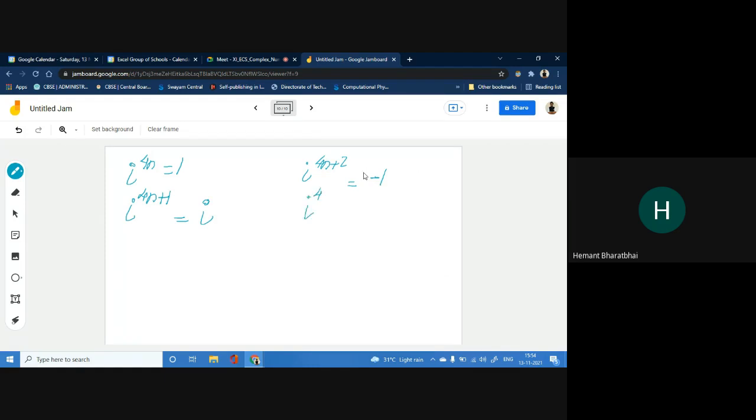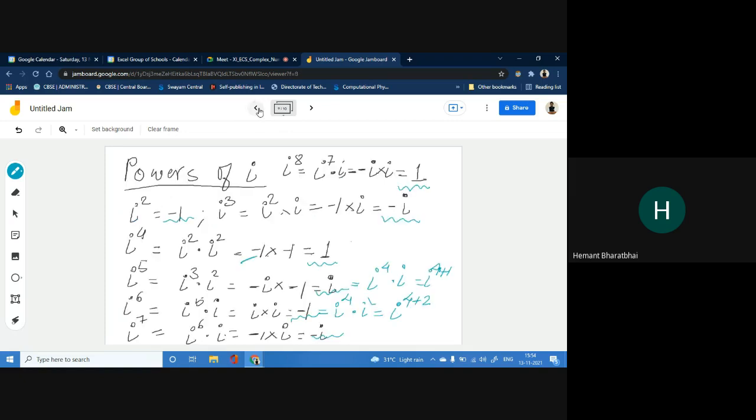And i raised to 4n plus 3. So let's see over here. I raised to 7. So this i raised to 7 can be written as i raised to 4 plus 3. 7 is 4 plus 3, right?